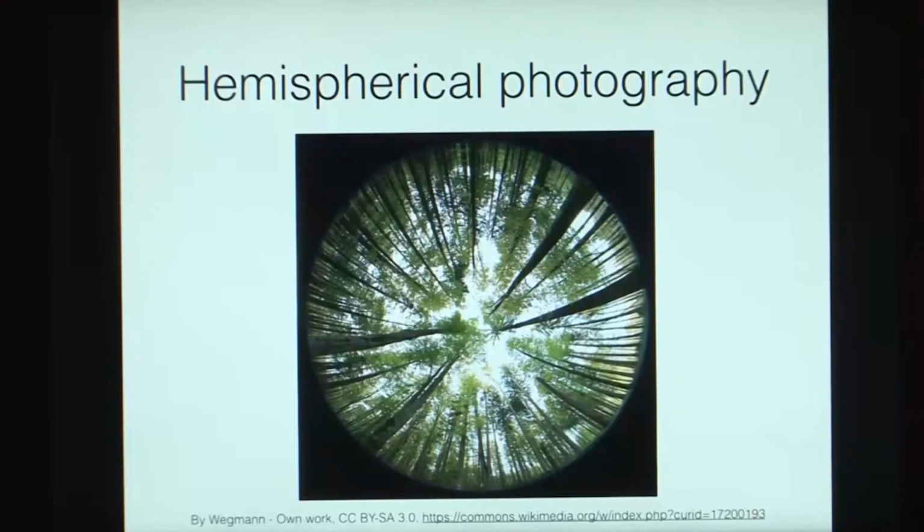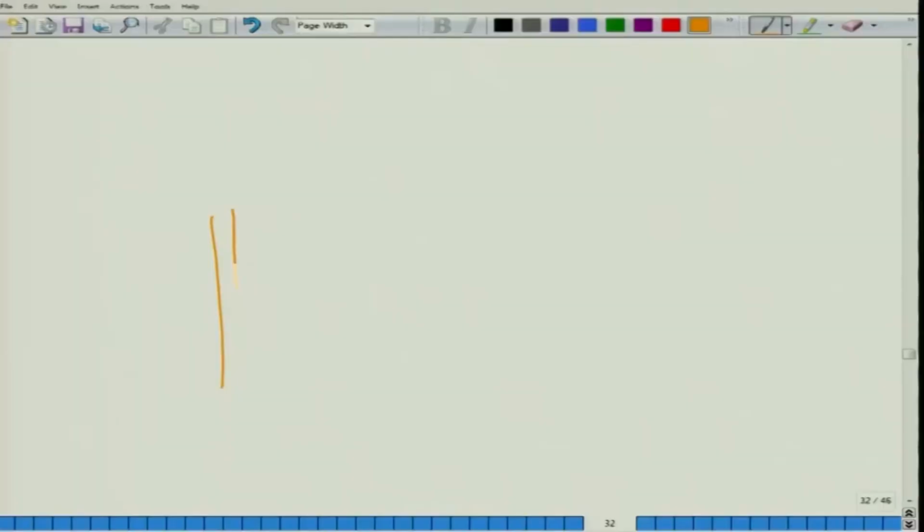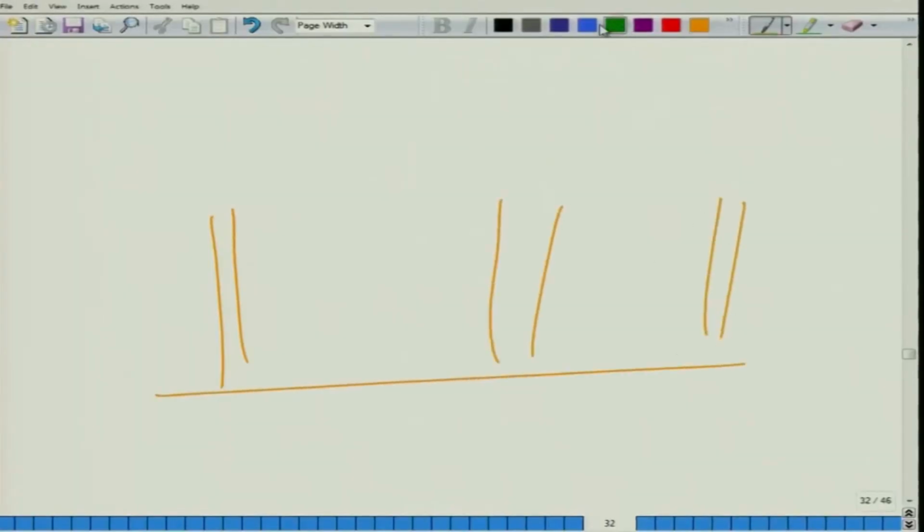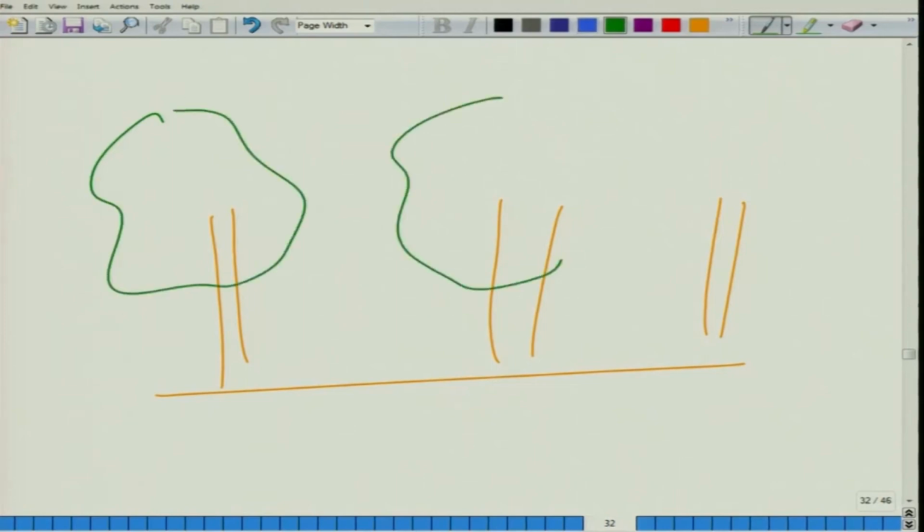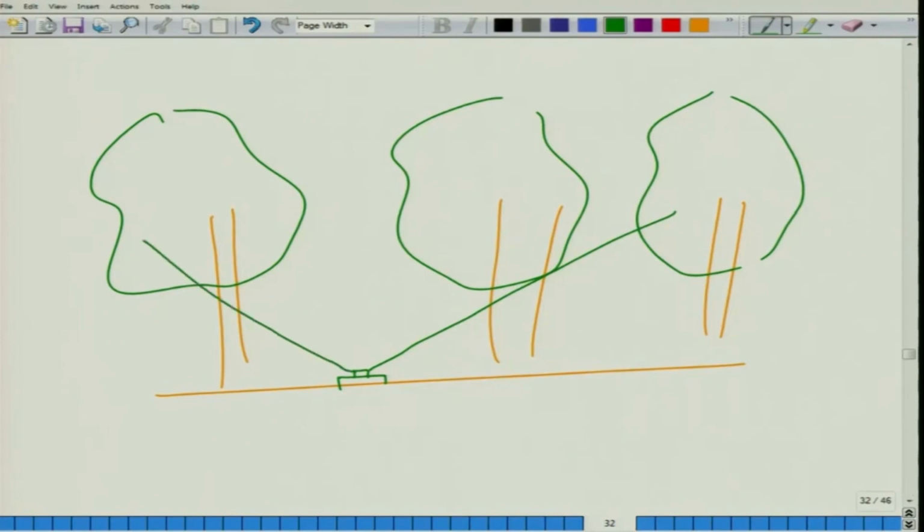Another way in which we can measure the canopy closure is using hemispherical photography. Hemispherical photography uses a fish eye lens, so using a fish eye lens you can get the image. For instance, if you are standing in a forest and you place your camera here with a fish eye lens, the fish eye lens will give you a very broad coverage.